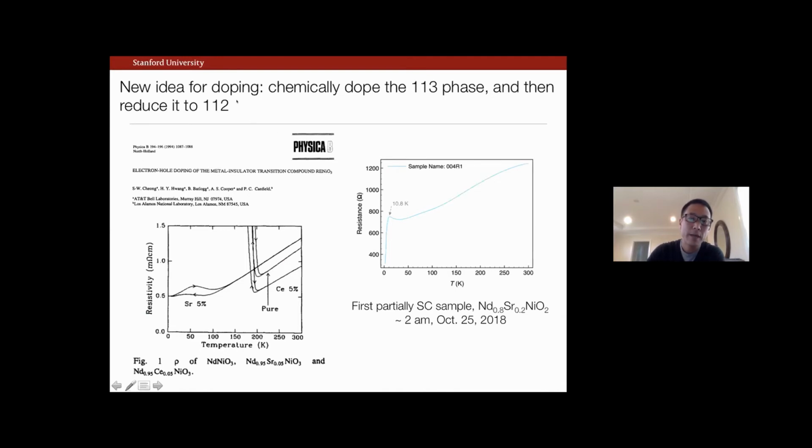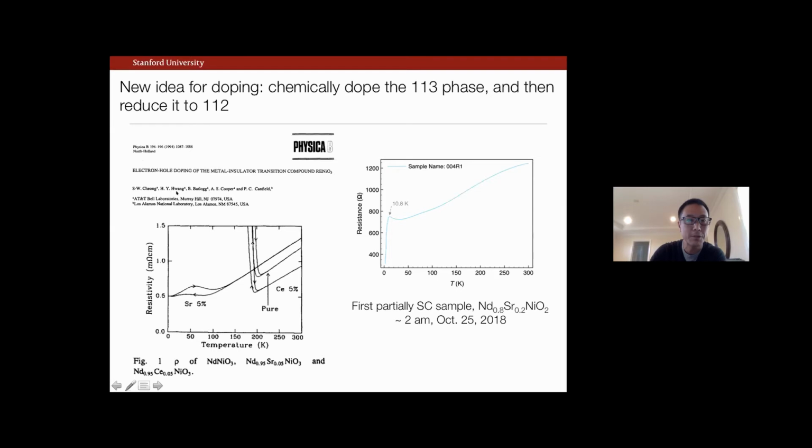We had focused our energies on first synthesizing the infinite layer phase and then trying to dope that system. And the idea was, rather than that, let's try to do substitutional chemistry in the perovskite phase. And then if it survives this reduction reaction and the carriers are active in some sense, then that might be the right approach. And just as a personal anecdote, it's kind of funny.